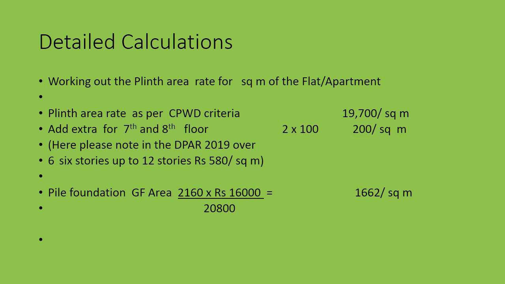So the ground floor area 2106 square meter into the rate given in the CPWD specification, rupees 16,000, then it has to be divided by the total built up area of 20,800 to arrive at the share in the particular flat per square meter. So it comes to 1,662 per square meter.